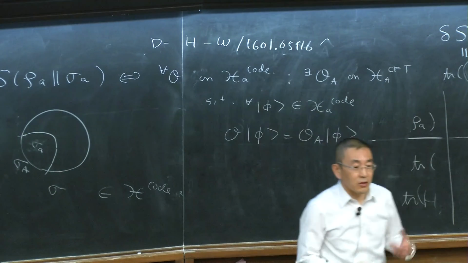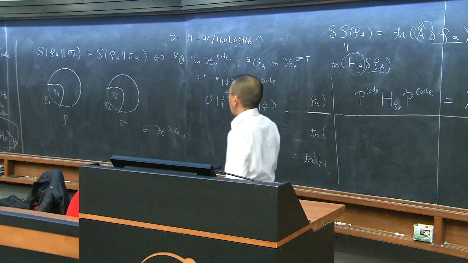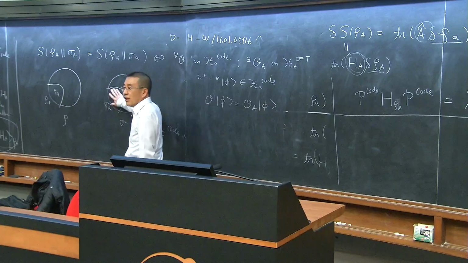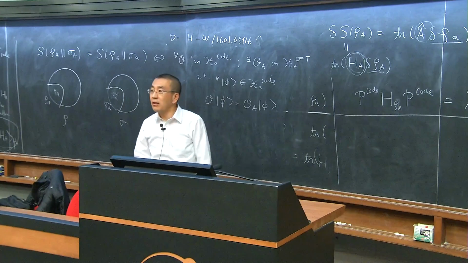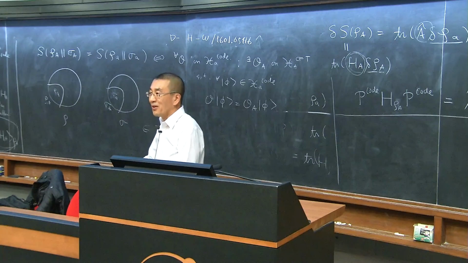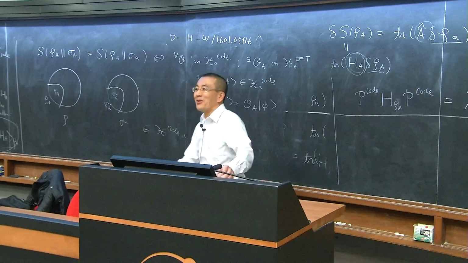So this gives you an a priori construction of why local excitations in the entanglement wedge can be reconstructed from conformal field theory operators on the boundary. So this may be a good place to stop. Thank you very much for your attention.